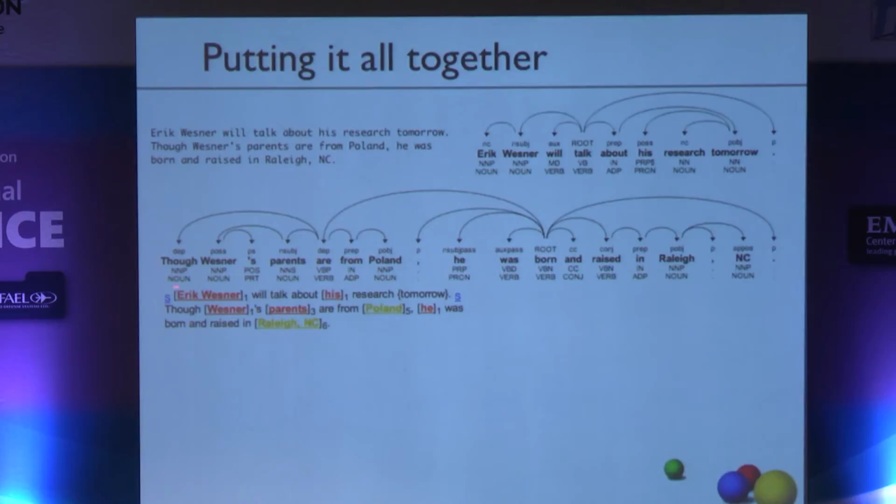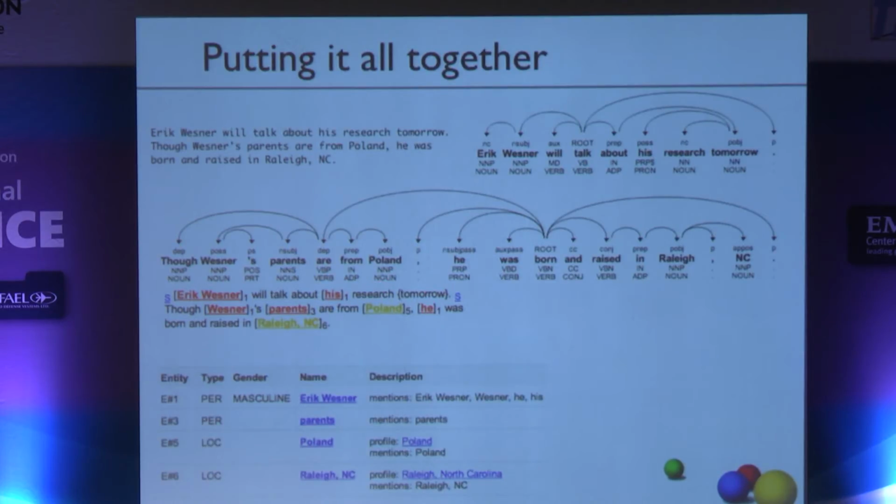Next, you see that we identified different phrases like Eric Wessner and parents and Poland and his, and I highlighted them as important phrases for the next stage of processing. The color coding also encodes a guess as to what kind of entity this is. It's red for persons, yellow for locations, for example, here.